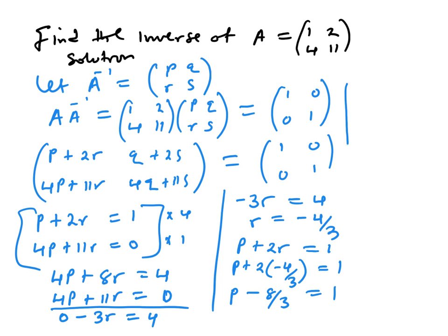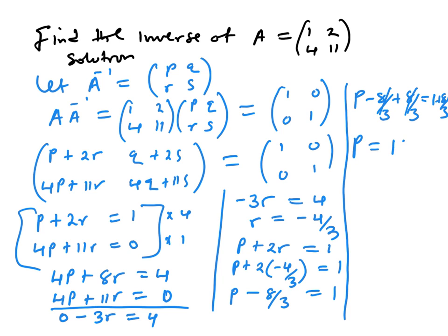Okay, so if P minus 8 over 3 is equal to 1, we add 8 over 3 to both sides: P minus 8 over 3 plus 8 over 3 is equal to 1 plus 8 over 3. So this goes, and therefore P is 1 plus 8 over 3. You get the LCM, and that is 11 over 3.